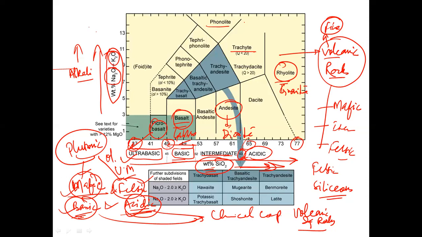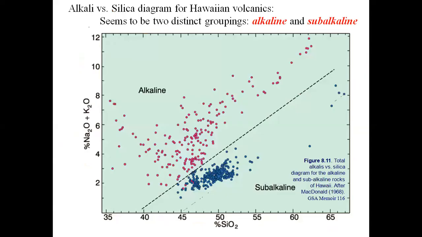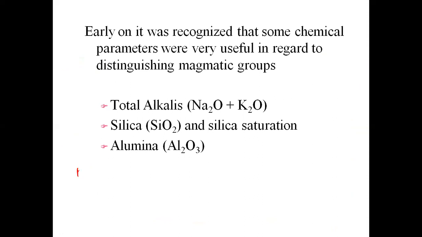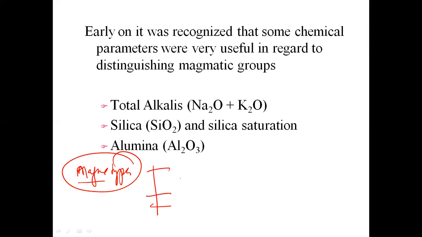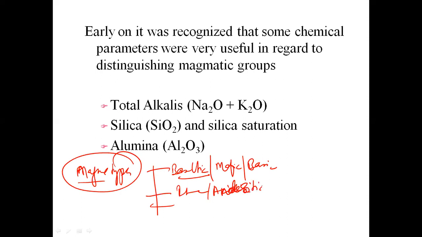I told you in the earlier classes when we learned magma types that we have three kinds of magma. We have basaltic magma, which is called mafic magma, or you can say basic magma. In the same way, we have intermediate magma, which is andesitic magma.